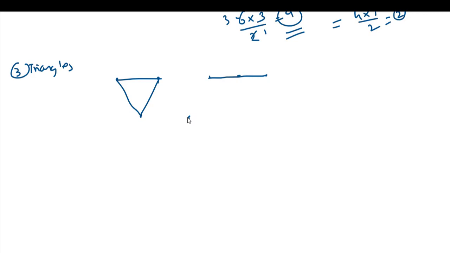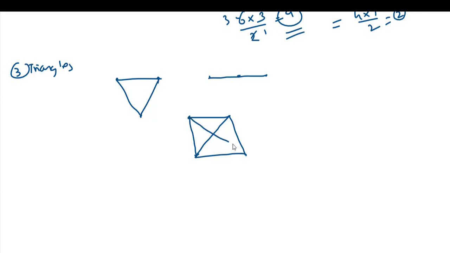Let us now take 4 points and see how many triangles we can form. So these are all non-collinear points. This will be your first triangle. Then by considering the set of these 3 points, we can form another triangle. So this will be our second triangle.